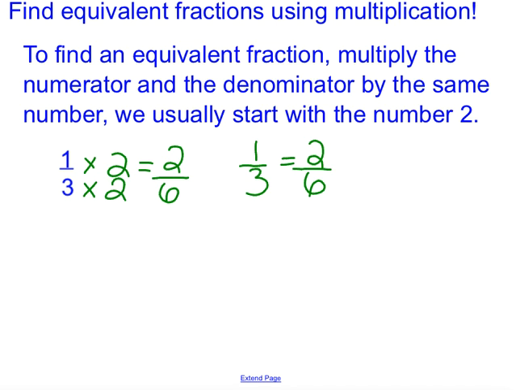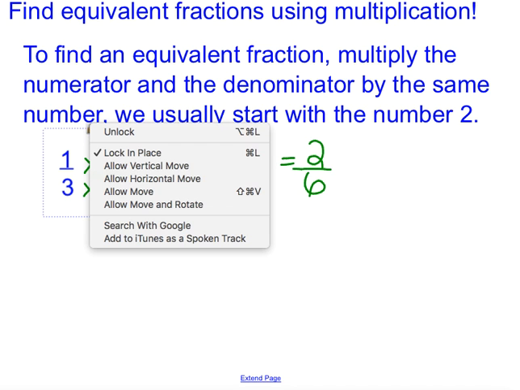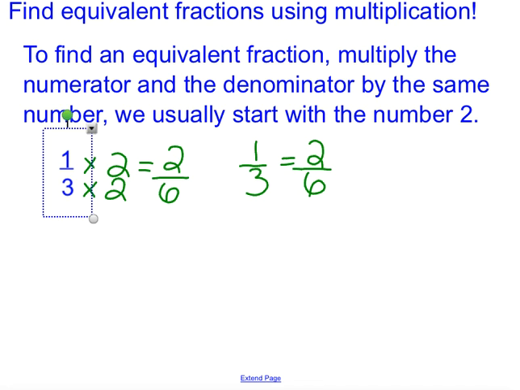Now, let's say we needed more than one equivalent fraction, right? So now I have 1/3 is equal to 2/6. Okay. I could take 1/3 again and now not multiply by 2.